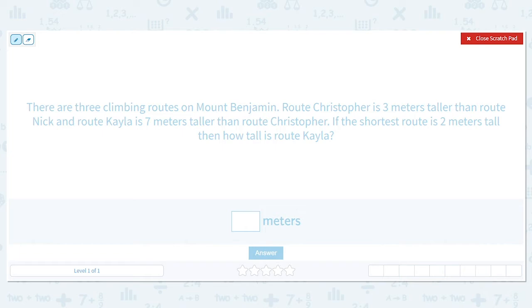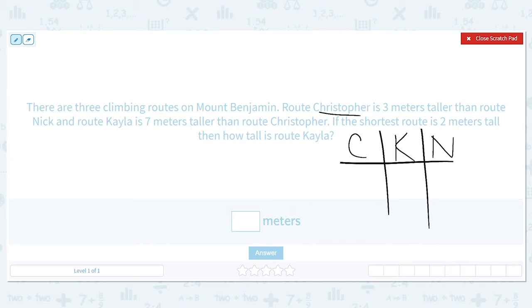We have Christopher. We have Kayla and Nick. Okay, so it says that Christopher is 3 meters taller than Nick. Okay, and Kayla is 7 meters taller than Christopher.